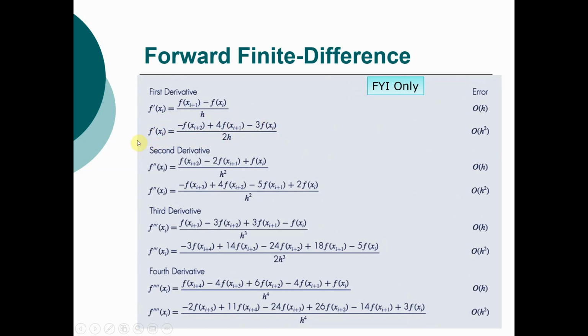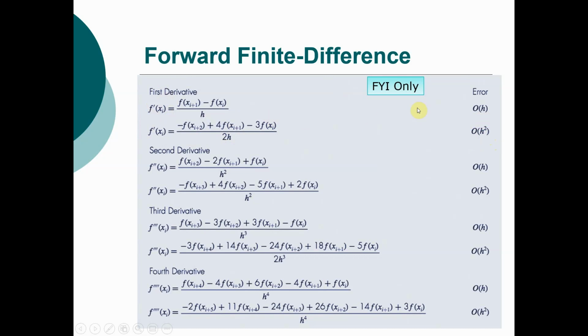In this case, you need to do more calculations, so the effort that you have to put in to find the numerical derivative is going to be more, but your answer becomes more accurate. Also, the order of the error becomes order of h squared. So again, this is more accurate, more precise than the original formula, right?